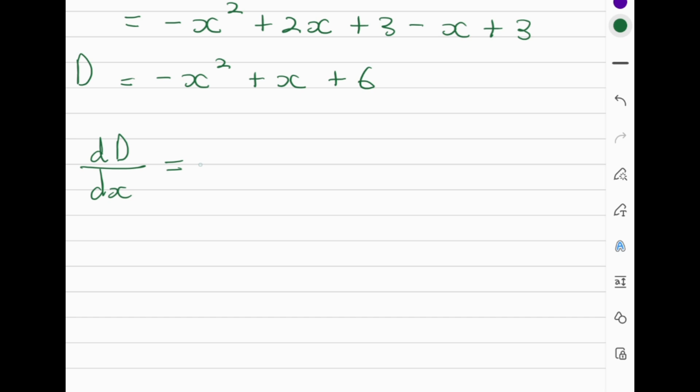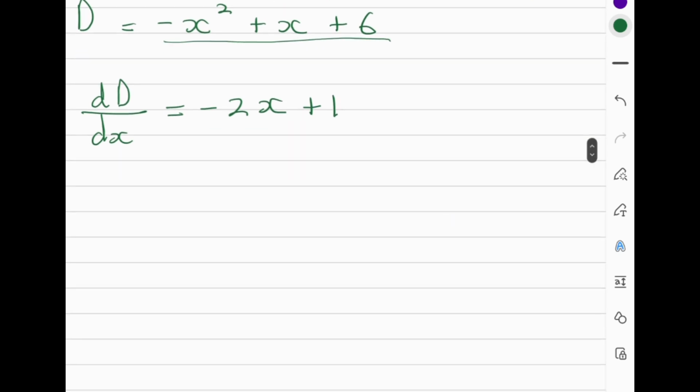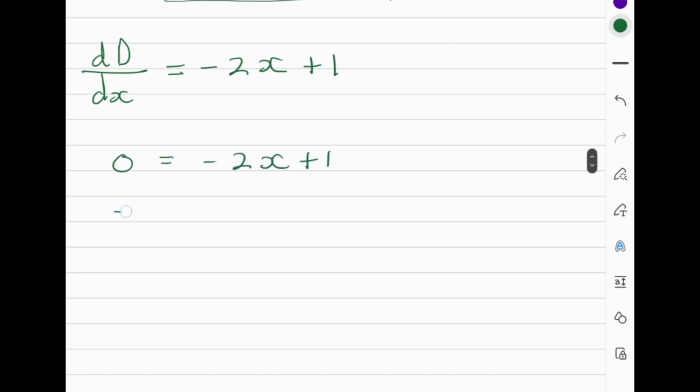And that gives me minus 2x plus 1. So I just took the first derivative of this part here. And remember, when you want to find maximums and minimums, we can equate the first derivative to 0, and then we can solve for x. So x is equal to 1 over 2, right?